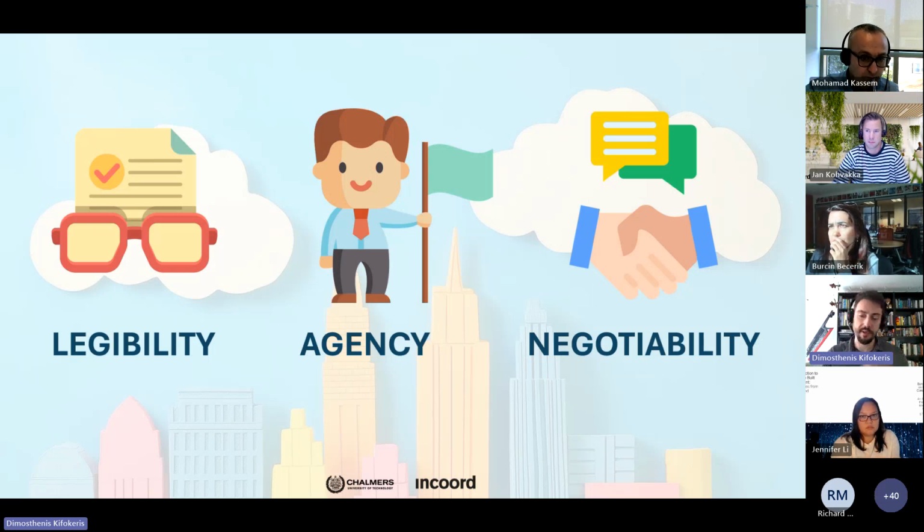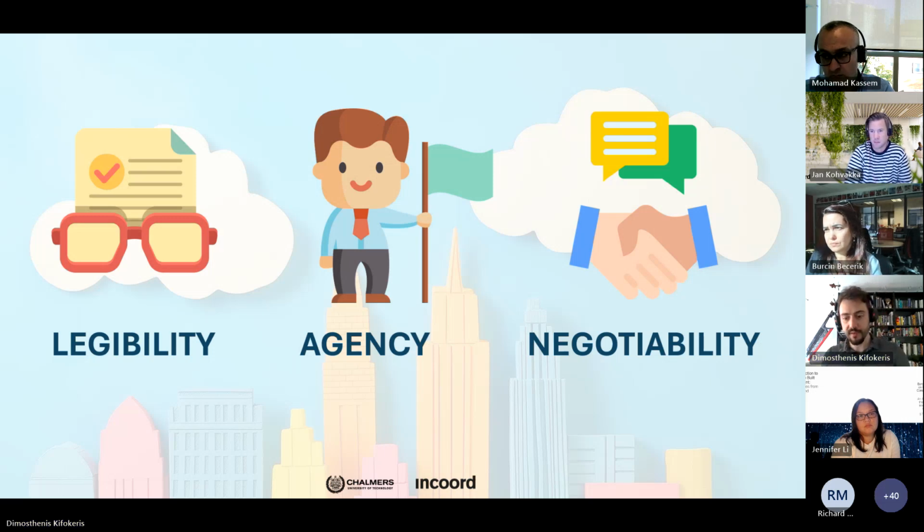So if we're talking about negotiability as the ability to reevaluate decisions as contexts change, we believe that we learned through our work and our collaboration between industry and academia that LLMs and generative AI, and the combination thereof, for construction applications can really tap into this specific principle a lot. And this is, I think, where the interesting part of our story goes. So before I tire you too much, I'll leave you to the capable hands of Jan before I come back again. So here you are, Jan.